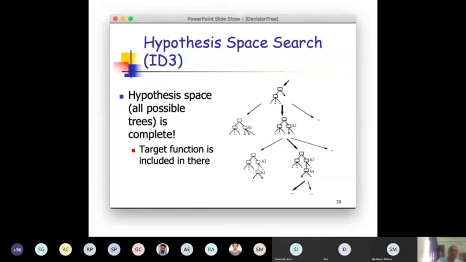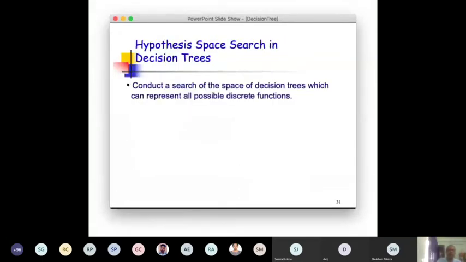One of the interesting things about the hypothesis space is that it is complete. I mentioned this already in my first lecture on decision trees, that because of this general form of Boolean expression, that is disjunctions of conjunctive forms, it is complete. It includes all possible Boolean expressions, and the target function in the form of a Boolean expression will be included there. This is the kind of principle.